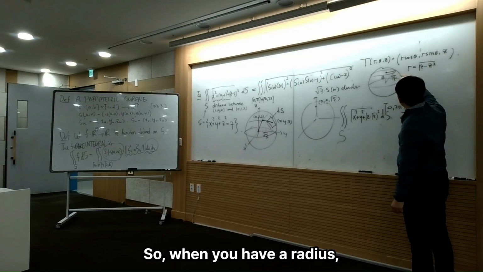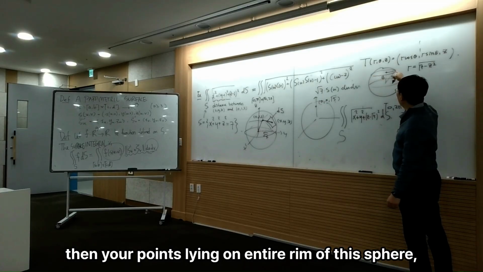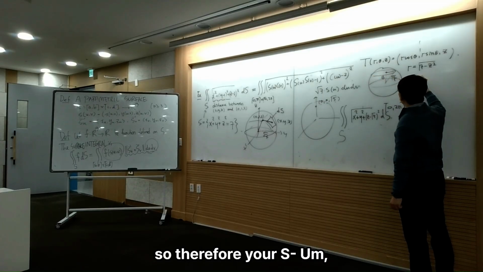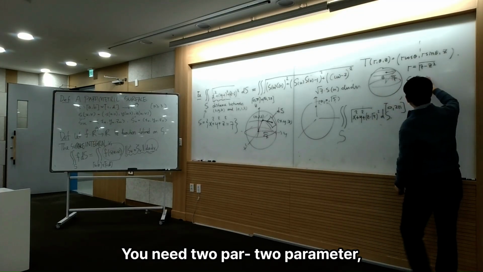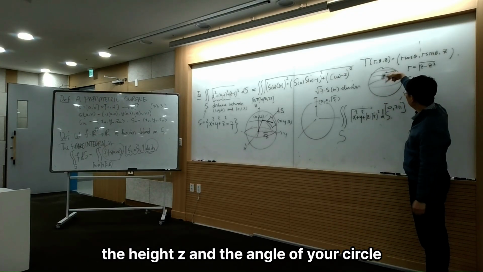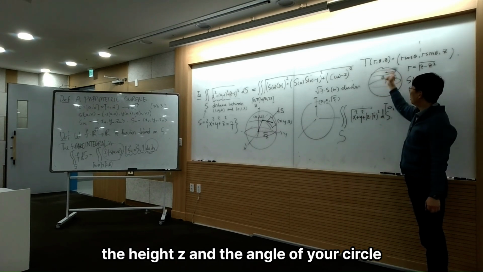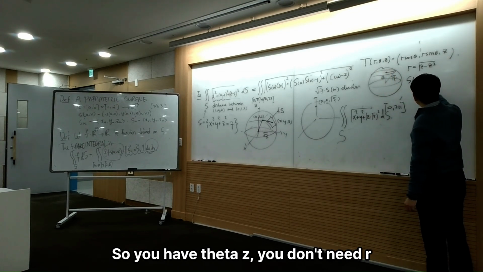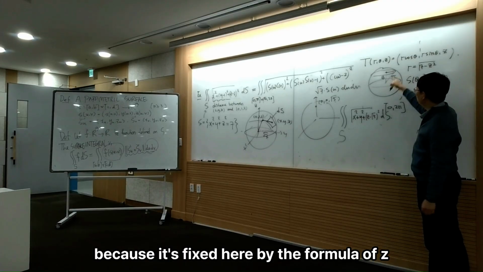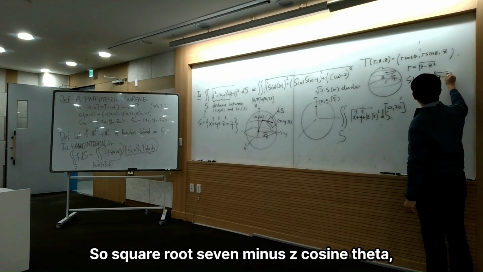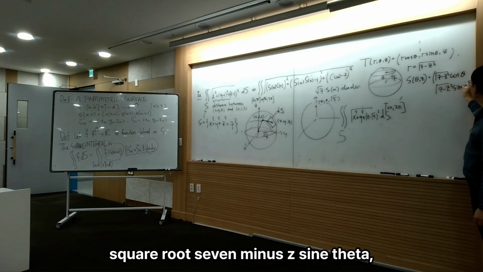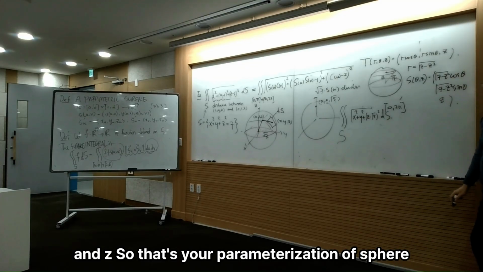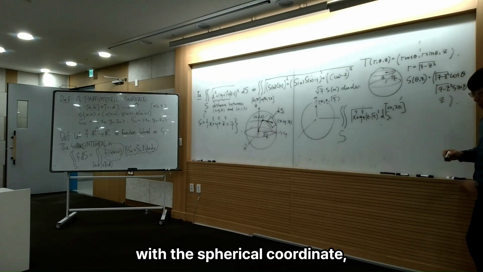When you have a radius, your points lie on the entire rim of the sphere at that height. So you need two parameters, the height z and the angle of your circle. You don't need r because it's fixed by the formula in z. So S is square root of 7 minus z squared times cosine zeta, square root of 7 minus z squared times sine zeta, and z. That's your parameterization of the sphere with the cylindrical coordinate.